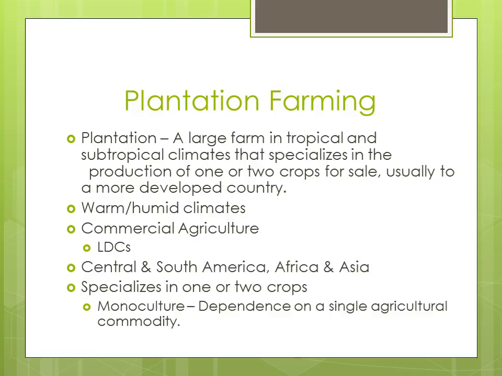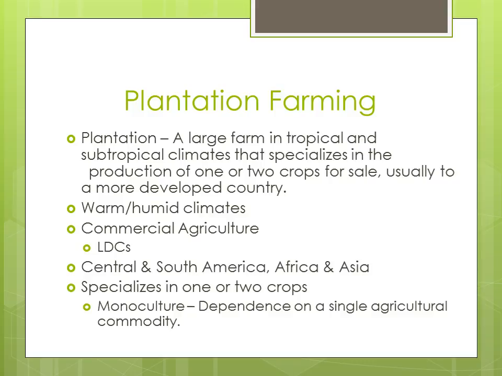So we'll give you some examples. In Latin America, we see a lot of coffee, sugarcane, and bananas as the plantation crops from those areas. And this will allow us to introduce a later vocabulary term called luxury crops, in that they focus on crops that are a luxury that MDCs are willing to pay for. All right, coffee is a great example of that.